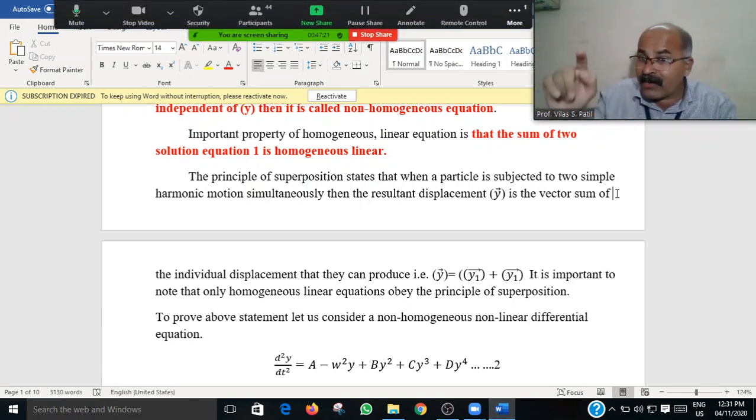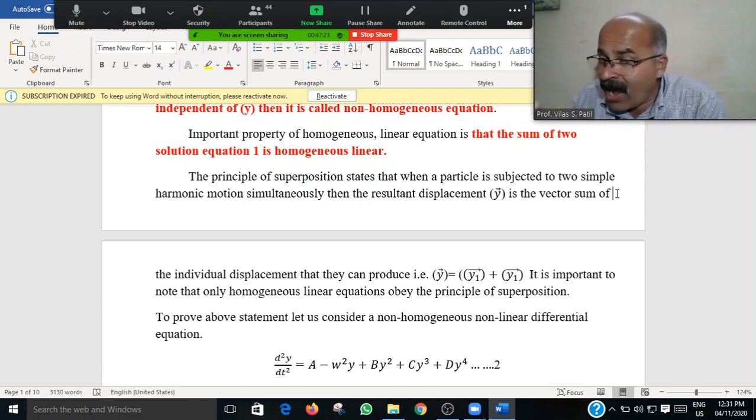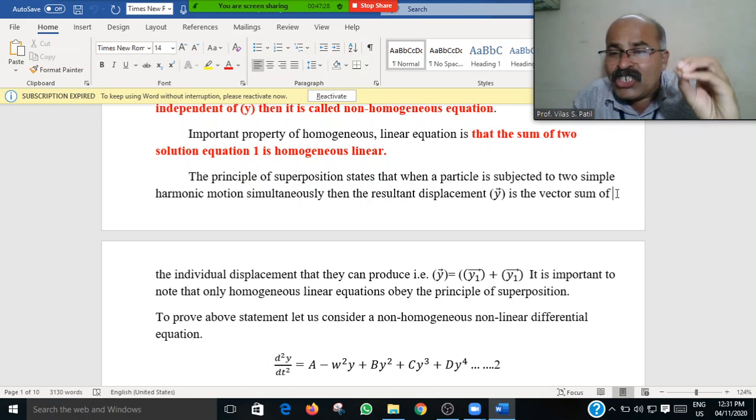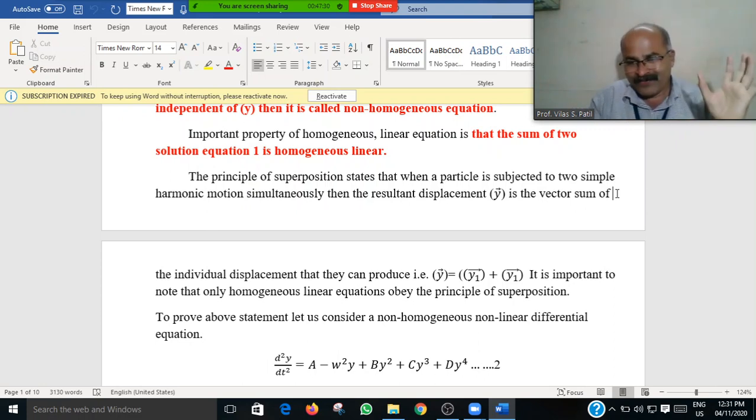That is, y1 vector and y2 vector are the individual displacements produced by each force individually.